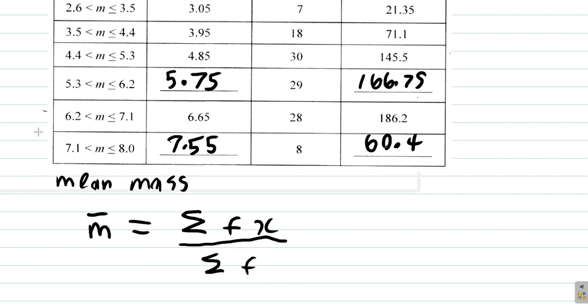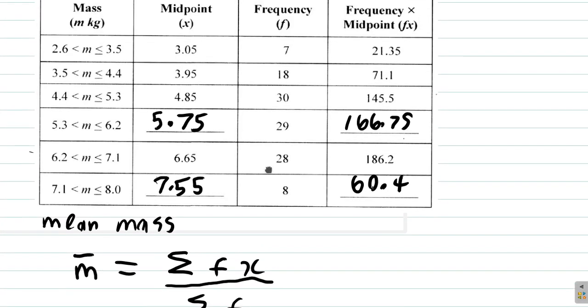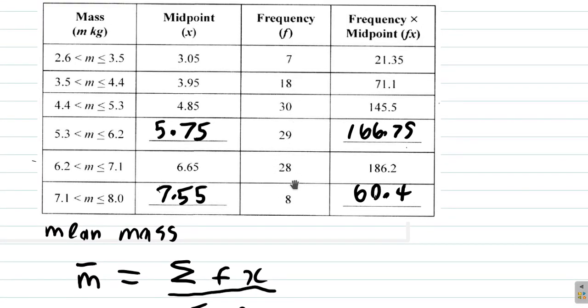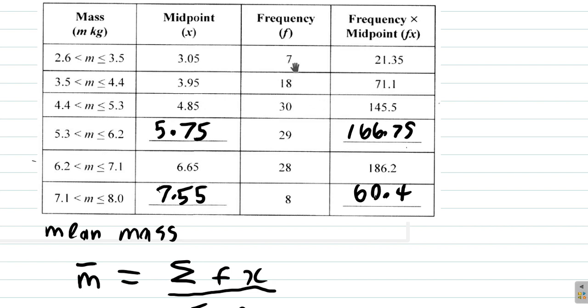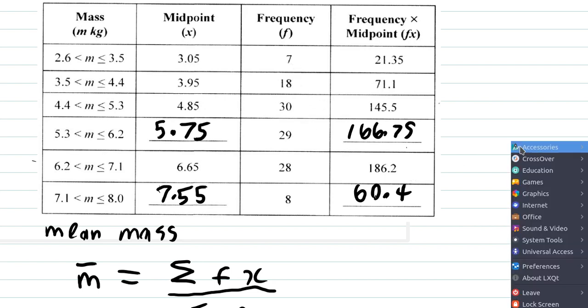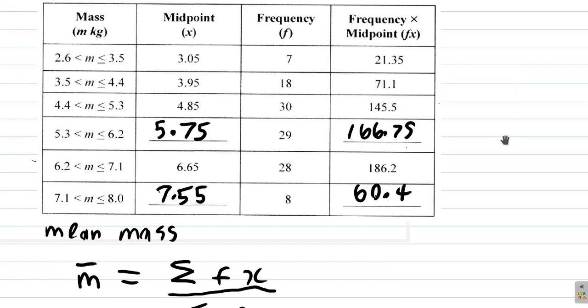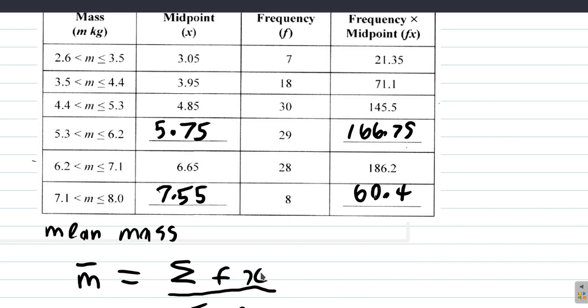Well, the sum of the frequency would be how much? Let's say 120. So when you add up these numbers, you should get 120, right? The sum of the frequency would give you 120.